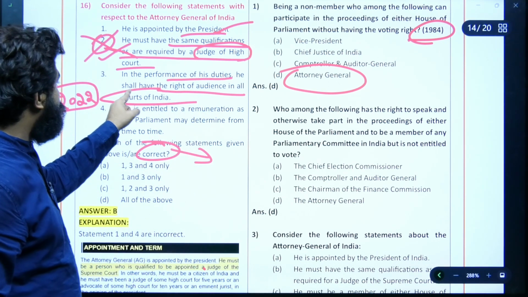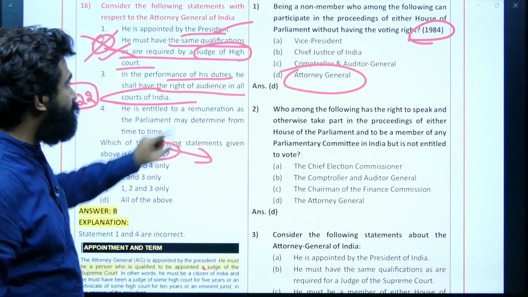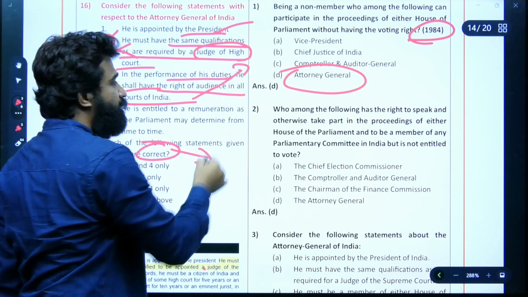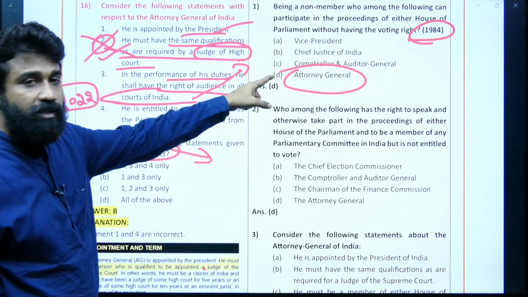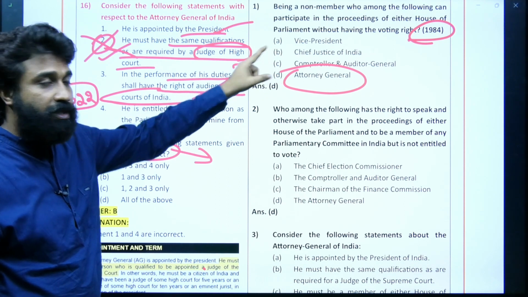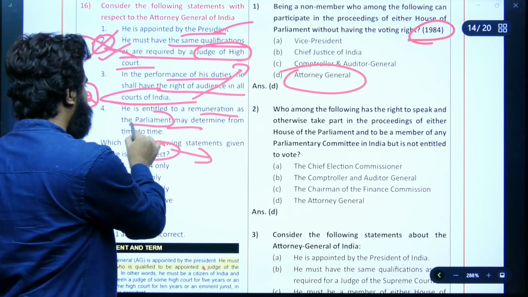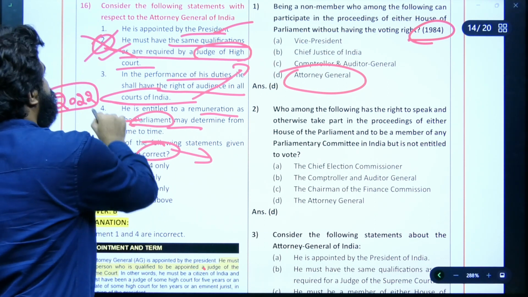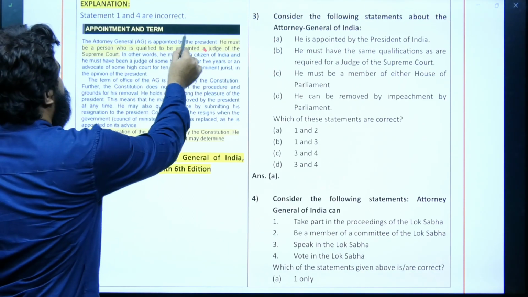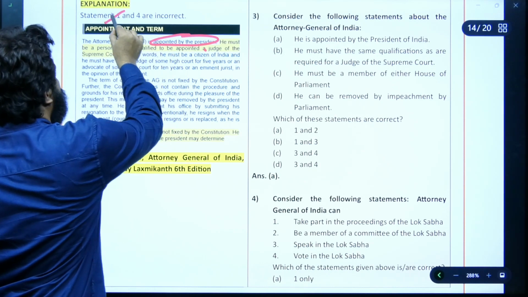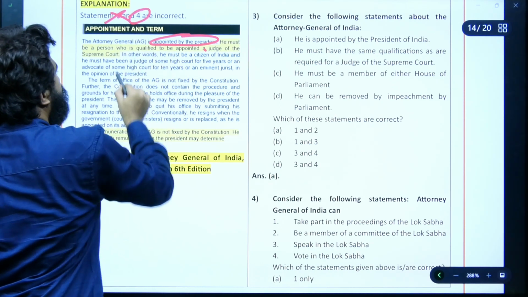In the performance of his duties, he shall have the right of audience in all courts of India. At the same time, though he is not a member of either of the houses of the parliament, he can attend the proceedings, and he is entitled to remuneration as the president may determine, not as parliament may determine, because he is appointed by the president. Only the fourth statement is incorrect.